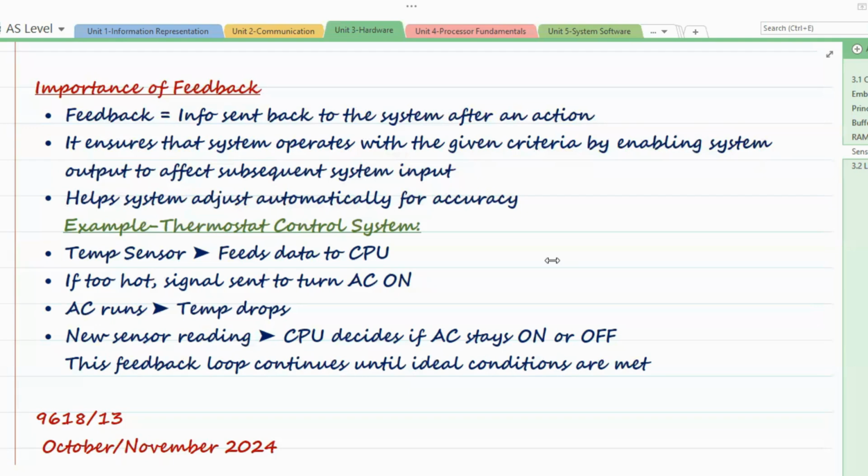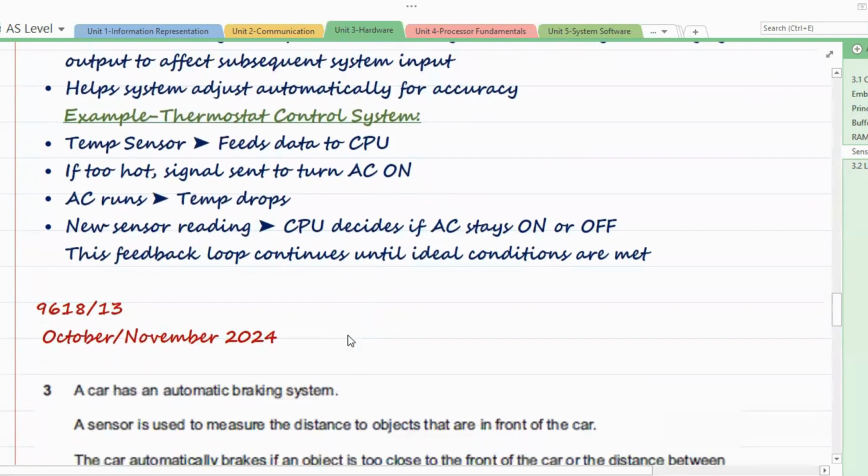This is feedback. When the temperature reaches the desired value, the AC switches off, and this process repeats continuously. This is called a feedback loop. Without feedback, the system wouldn't know whether the room has reached the required temperature or not. So that is why feedback is important.